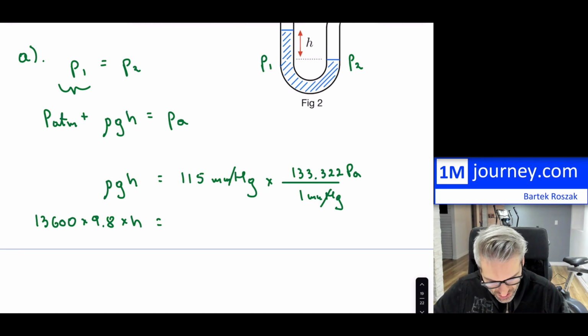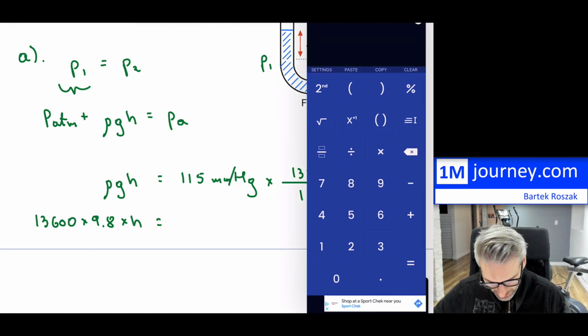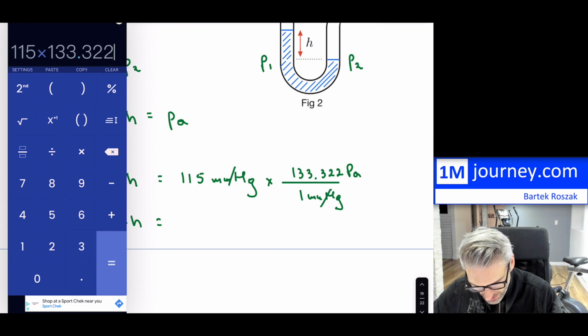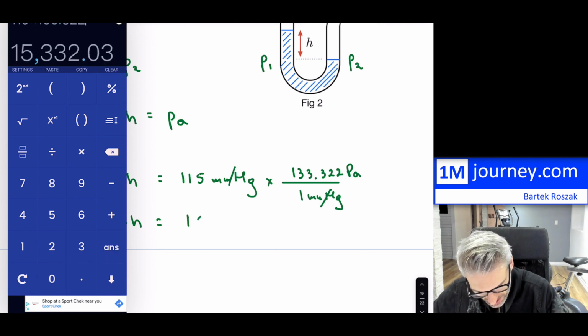Notice the H is really the only thing remaining. To calculate this, I'm going to do 115 multiplied by 133.322. That gives me the pressure in pascals.